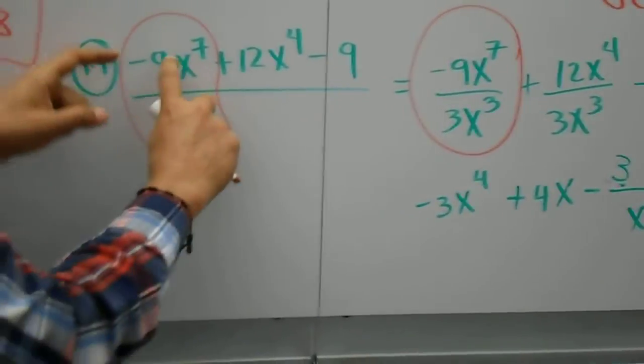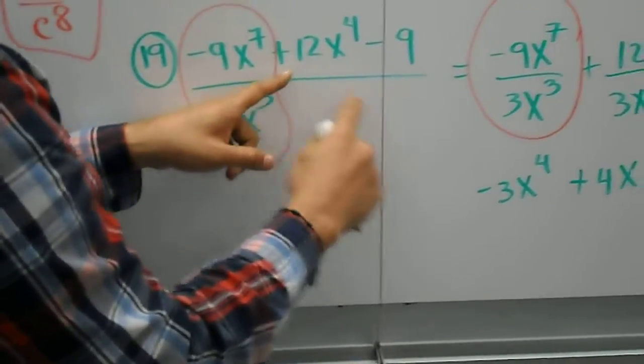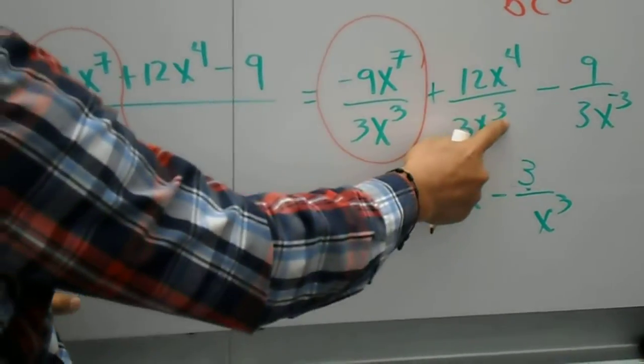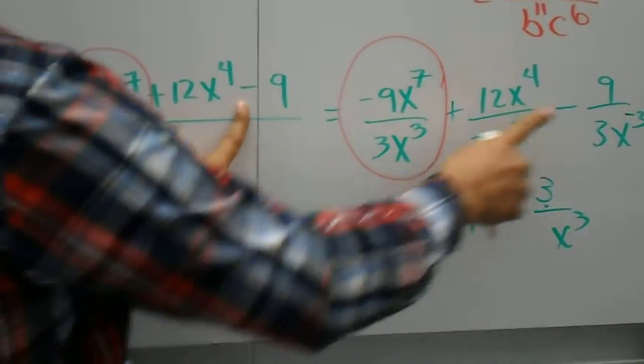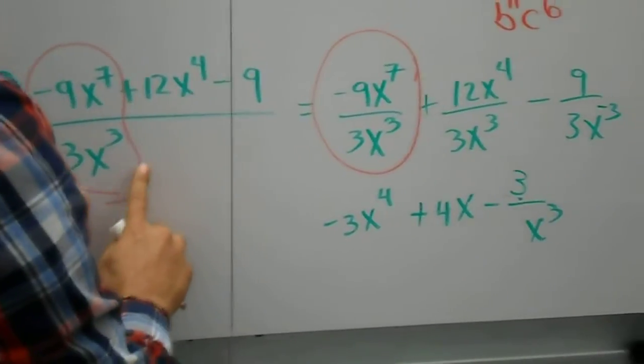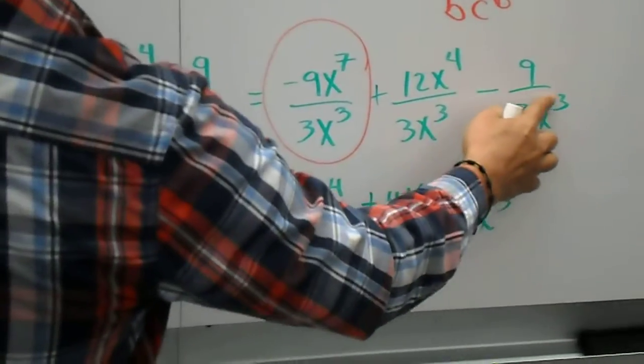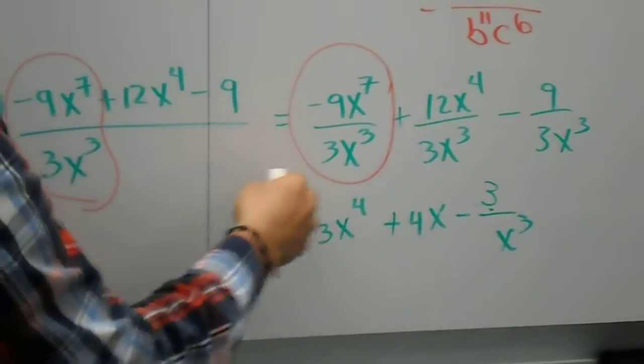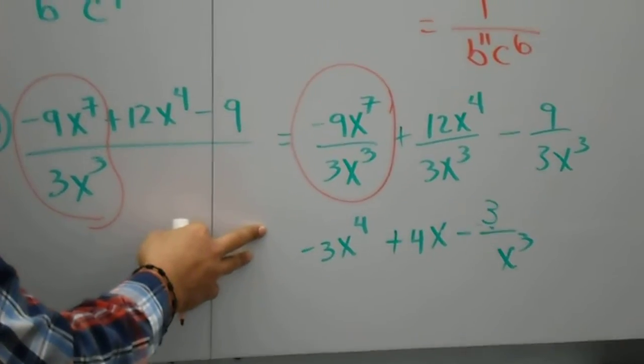I just copy pasted this. This is positive 12x to the 4th divided by 3x cubed. And then I did negative 9 divided by 3x to the 3rd. And then individually, I started applying the rules that I did here.